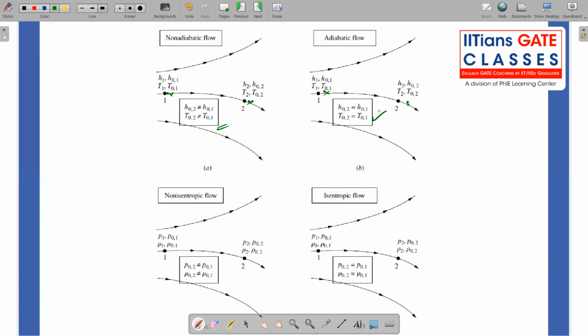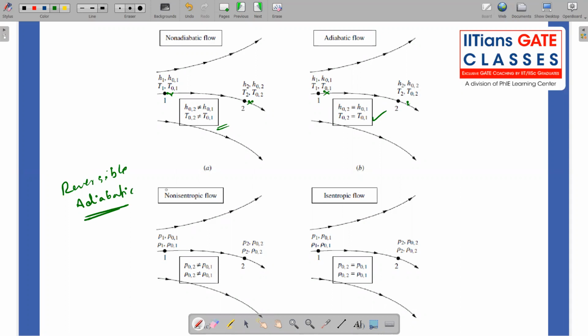We can also define a stagnation pressure or stagnation density, but then I have to assume one more assumption, that it is reversible as well as adiabatic. What we derived so far in our stagnation enthalpy definition considers just adiabatic.